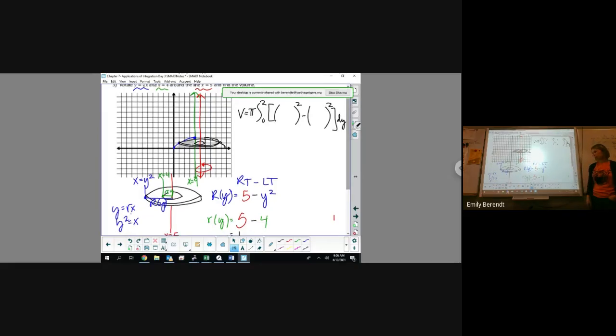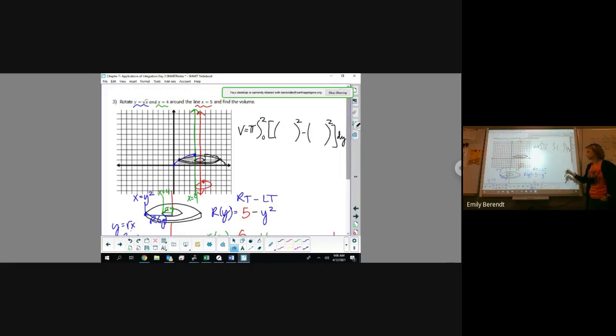Big R of y squared was 5 minus y squared. Little came out to just be 1. So 5 minus y squared, quantity squared, we need to make sure that we FOIL that out.